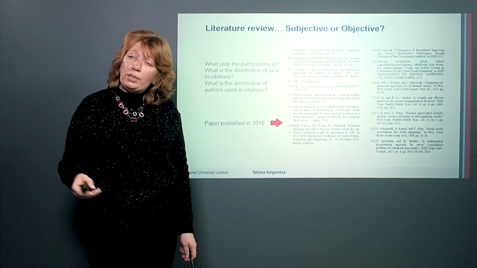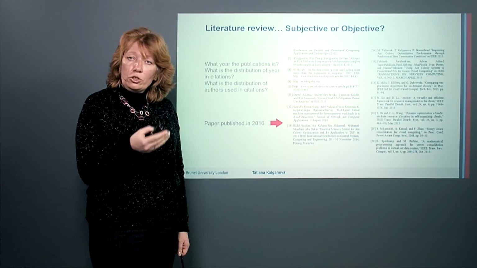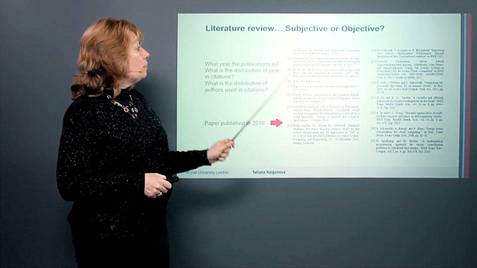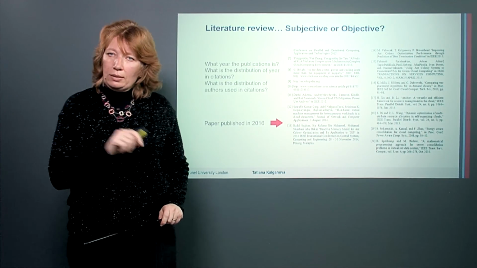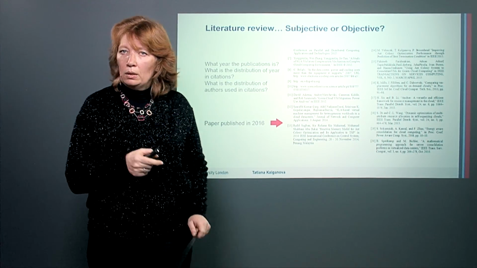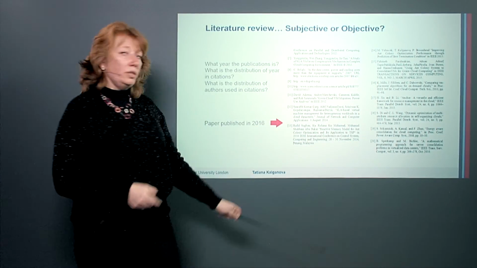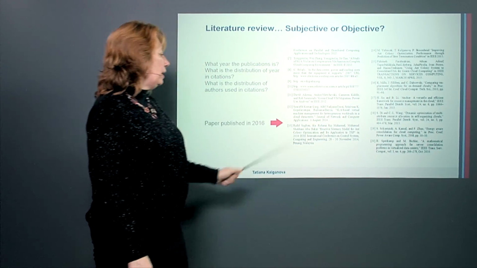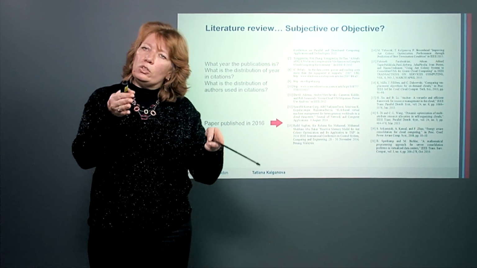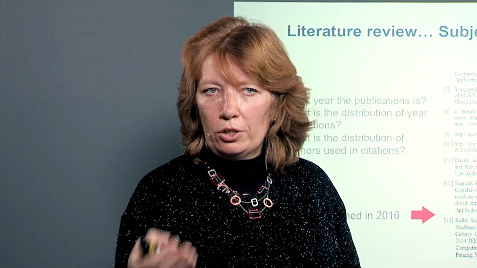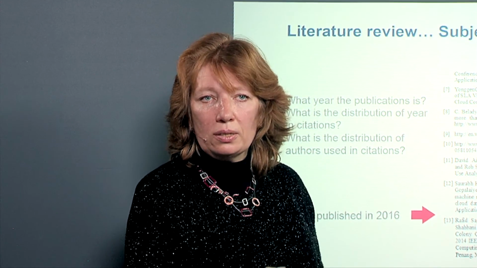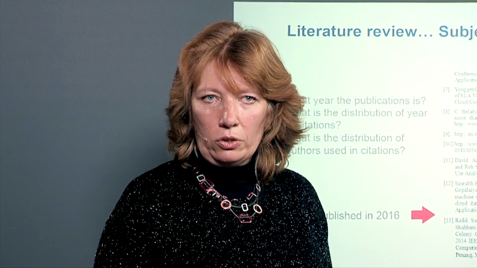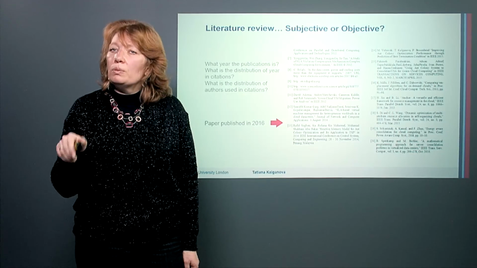So this is how we define whether the literature review presented in our paper is objective or subjective. In this particular case, it's objective because the authors are distributed evenly, the most recent years of publications are included, and there are no gaps in the literature review. It may indicate that most likely all the most important papers have been taken into account.